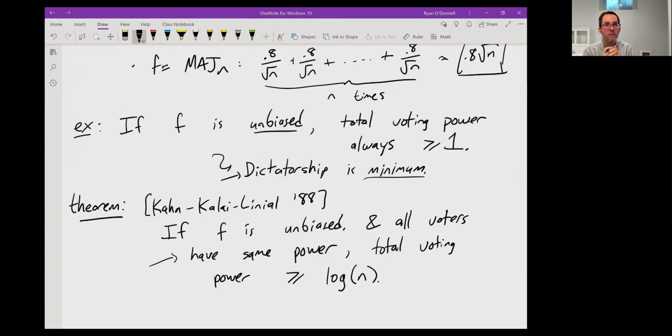And if one of these groups unanimously votes for Democrat, then the winner of the election is Democrat. And if no group is unanimously in favor of Democrats, then the winner is Republican. And if you set that number 25 carefully with respect to the population, you get an unbiased voting scheme where all the voters have the same power. It's a very strange one, but all the voters have very little power, it turns out.